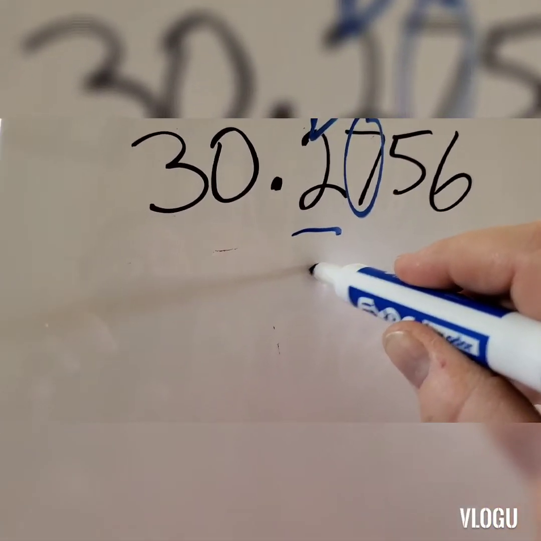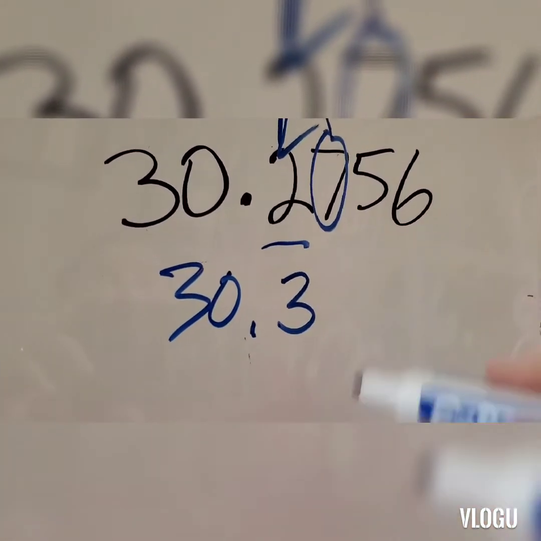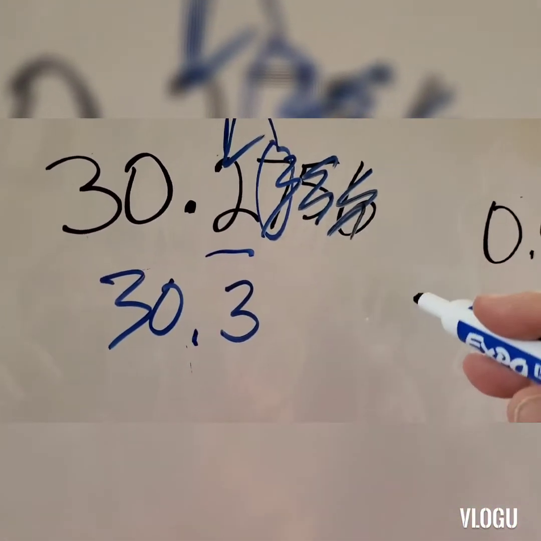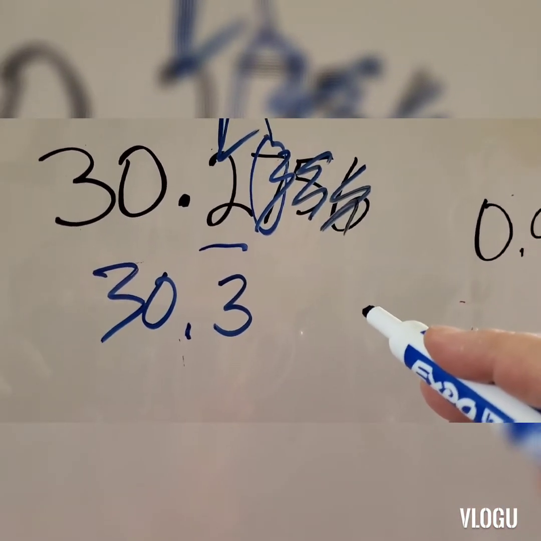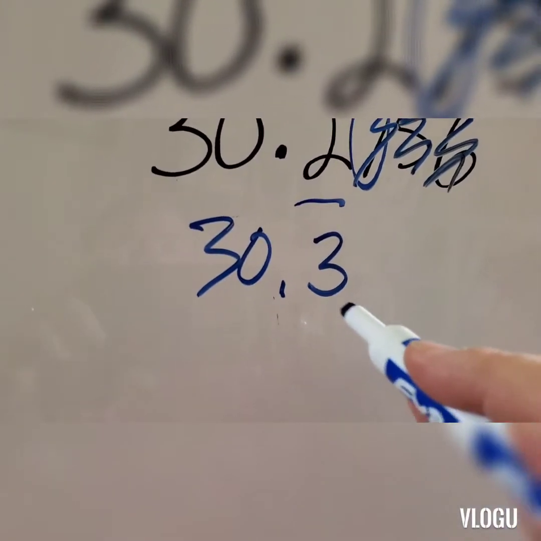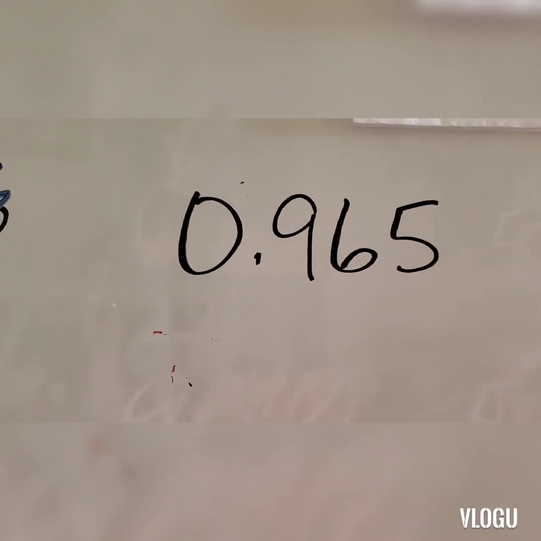So 2 becomes a 3. Everything else remains the same. These are all zeros, but the zeros are not necessary past the tenths position behind a decimal. Number 12.